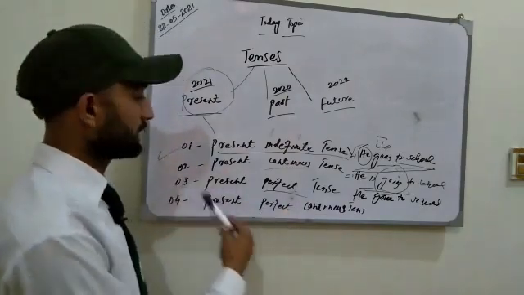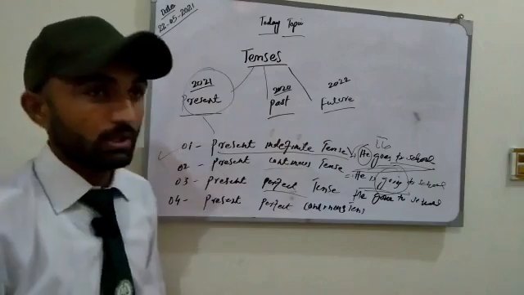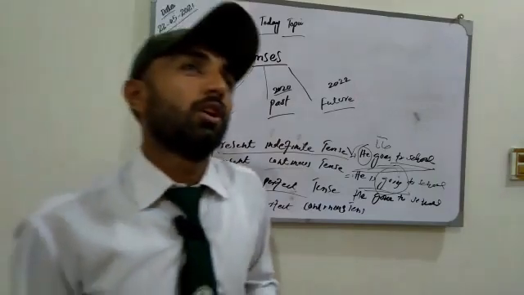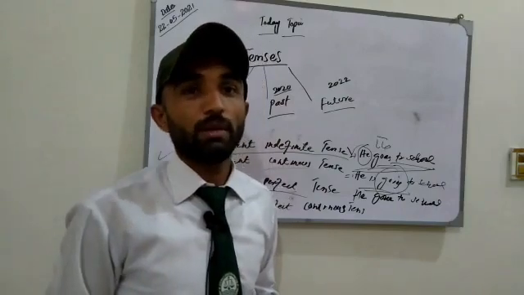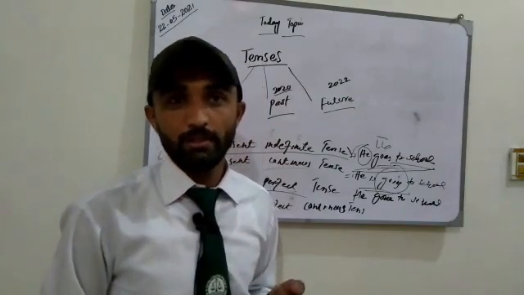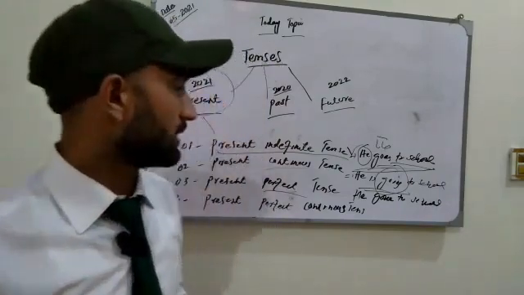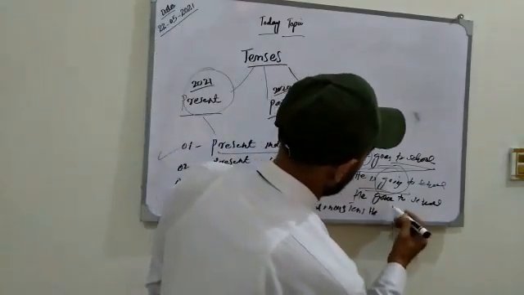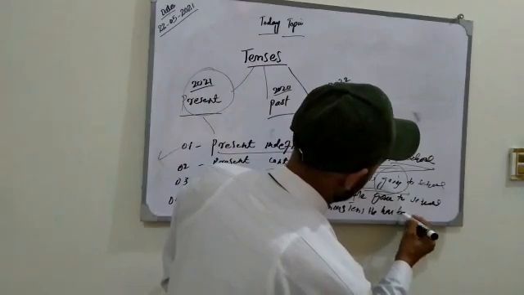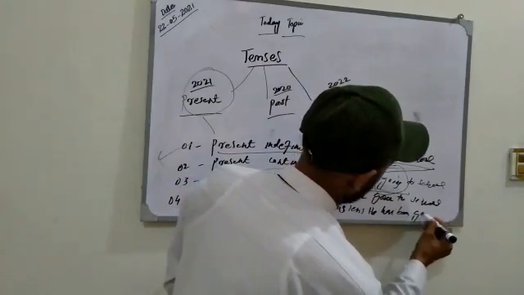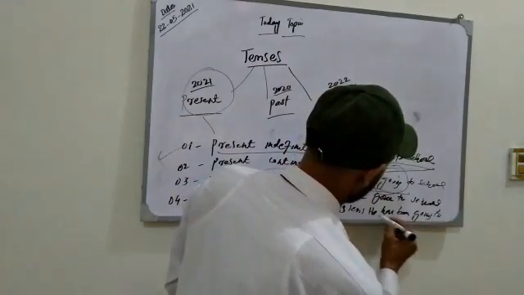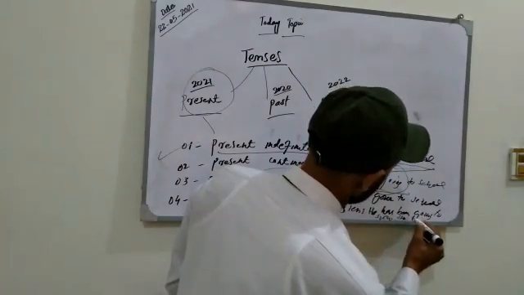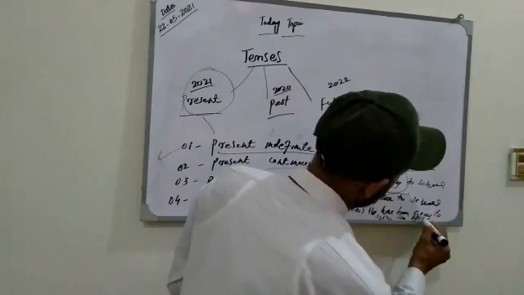And the fourth one is present perfect continuous tense. It means that when you completed your task, and how much time you required to complete this task. You can say that he has been going to college, school since 2018.